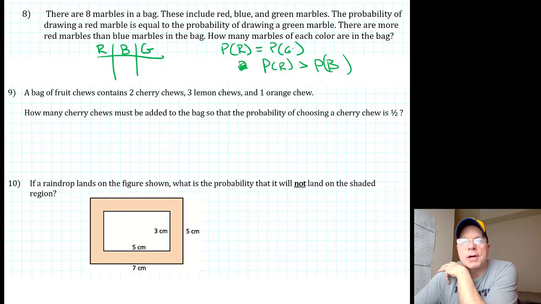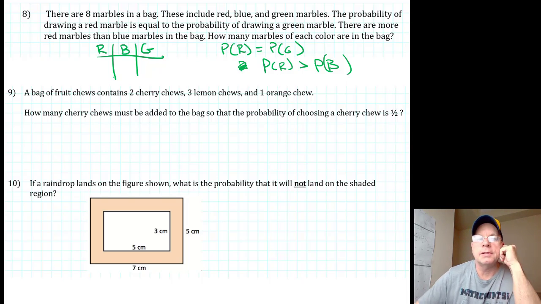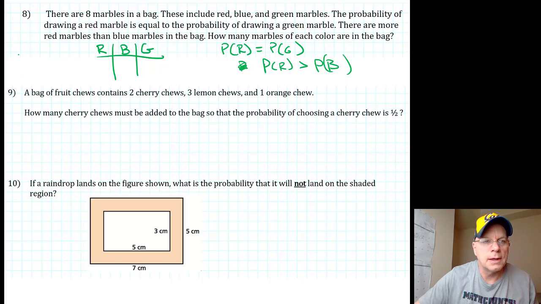How many marbles of each color are in the bag? This really doesn't have much to do with probability the more I look at it. As long as you understand that if the probability of red equals the probability of green, let's just go back to the definition of probability: favorable over possible.